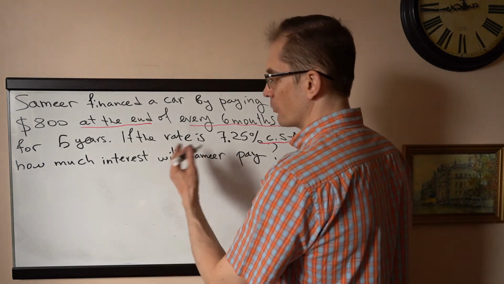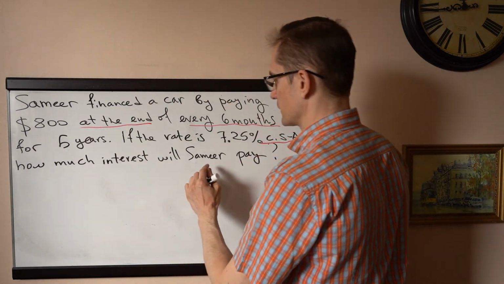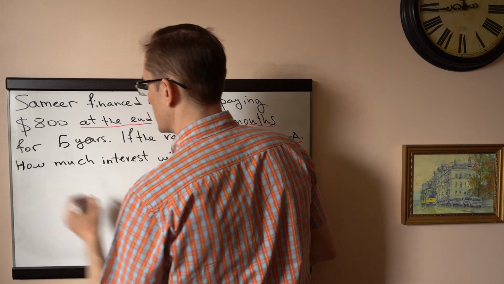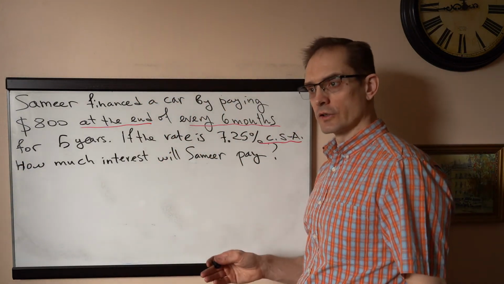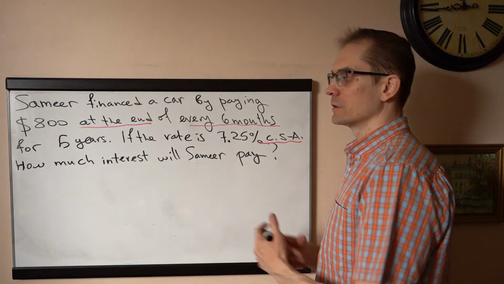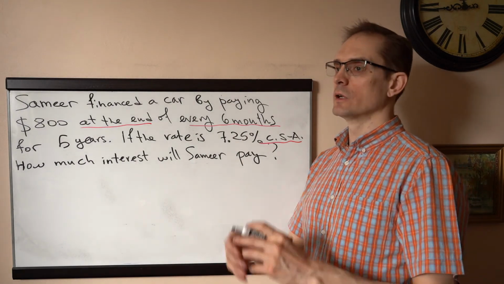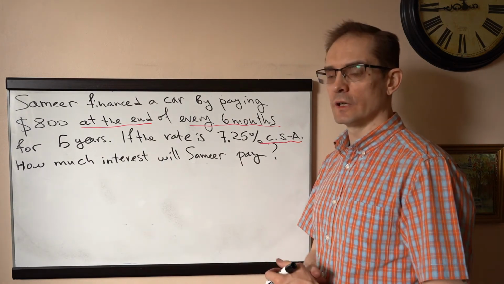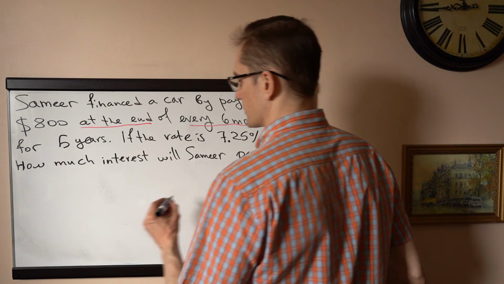So in order to find interest, we need to find present value first. Without finding present value, we will not be able to find interest for this problem. There is no formula which directly gives you interest for future value or present value of an annuity. You have to find those first. So let's find present value for this problem.